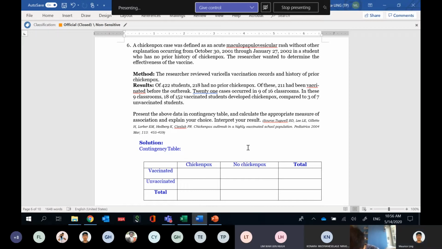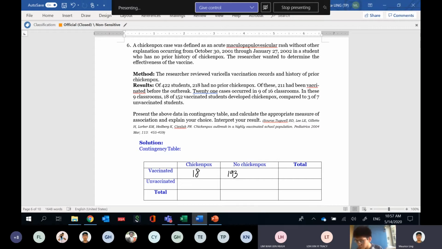Under the vaccinated and have chickenpox is 18. Yes, 18, correct. Then no chickenpox and vaccinated is 193. Okay, continue. This is wrong, 193 is wrong, but doesn't matter.